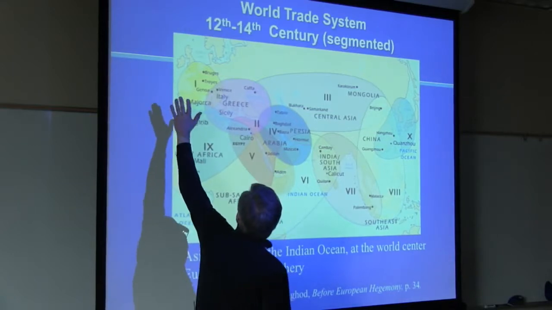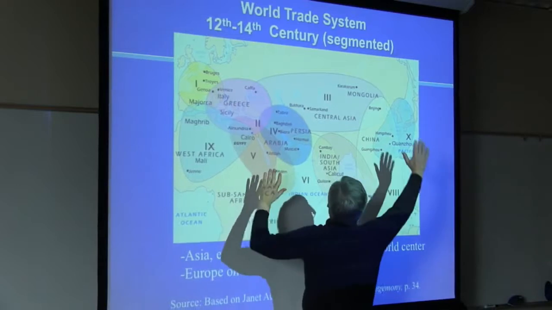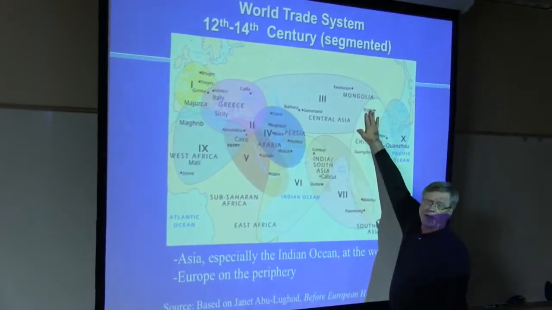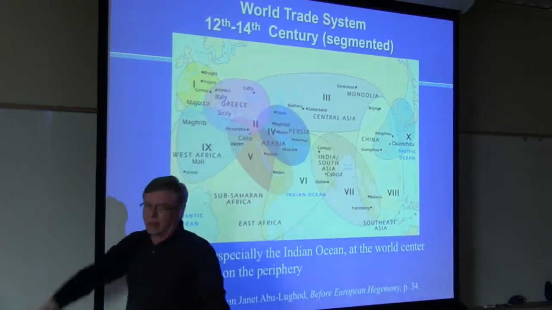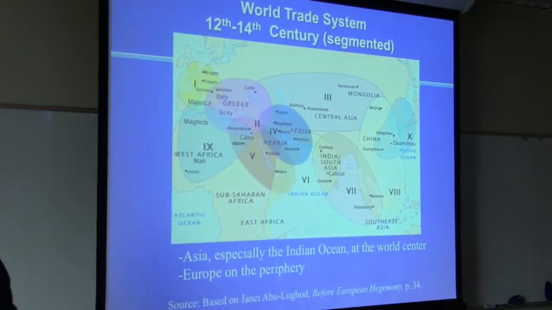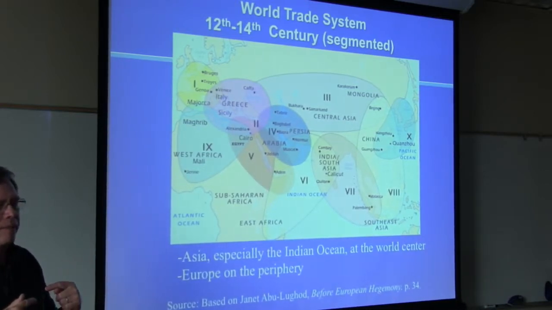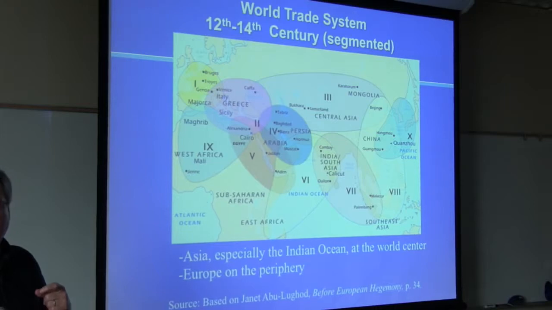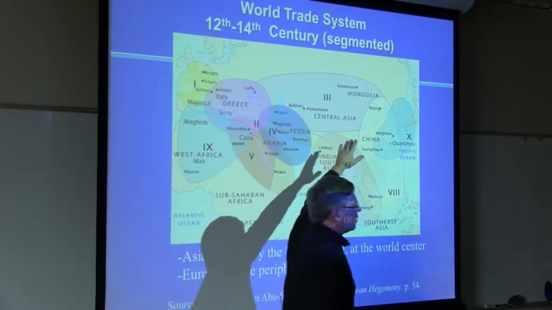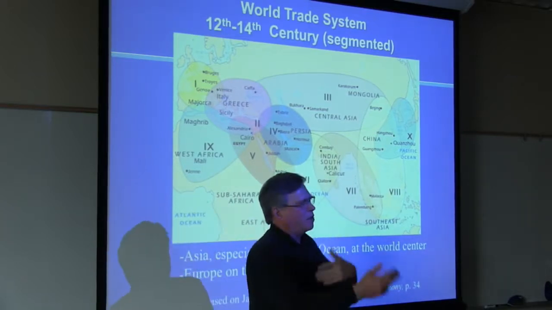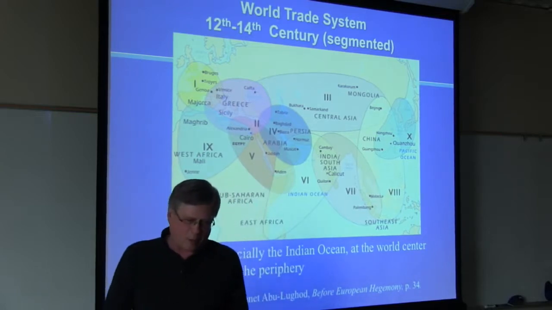So Europe is not directly connected to China, but it is through Central Asia and those trade circuits. And so in the rounds of trade, it's very, very unusual for any single individual to actually conduct trade from one part of this to another, but you've got overlapping, and so goods get transferred from one boat to another, from one caravan to another.